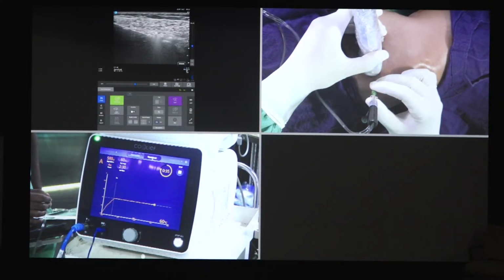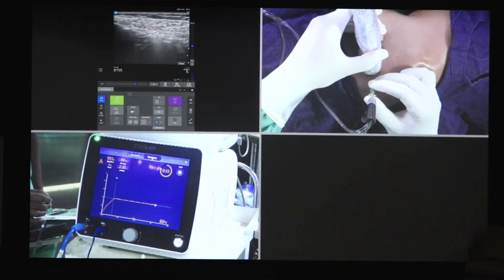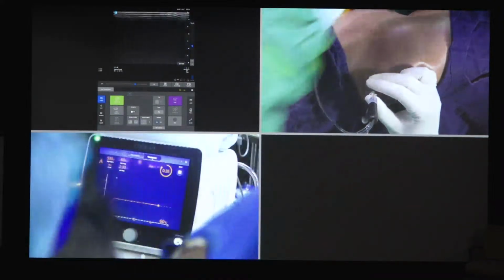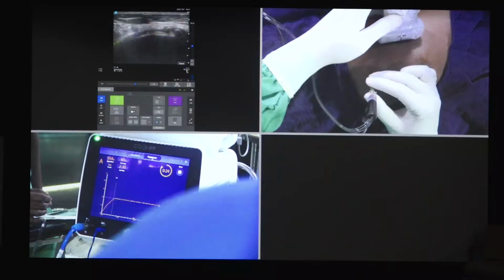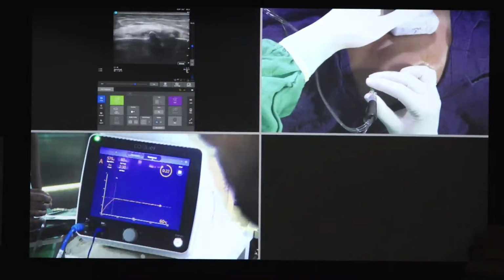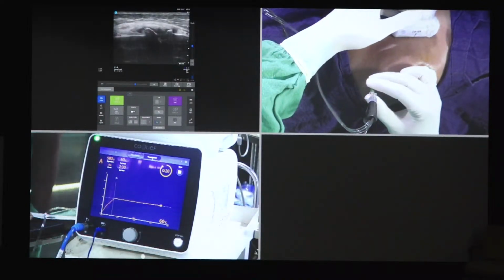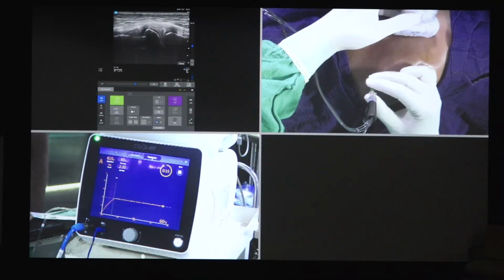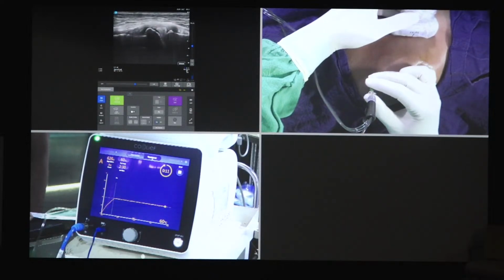So we are not going to do superolateral for her because she doesn't have pain on the lateral side. It's mostly on the medial side, and you can see the osteophytes as well, and meniscal degeneration also. So you can see some irregularities in the meniscus there. It is common with osteoarthritis.